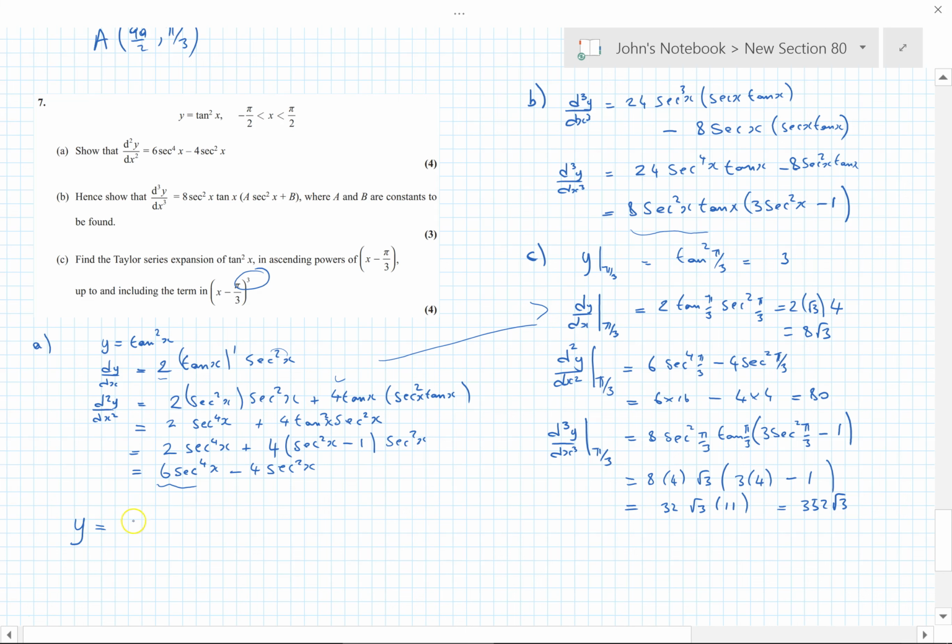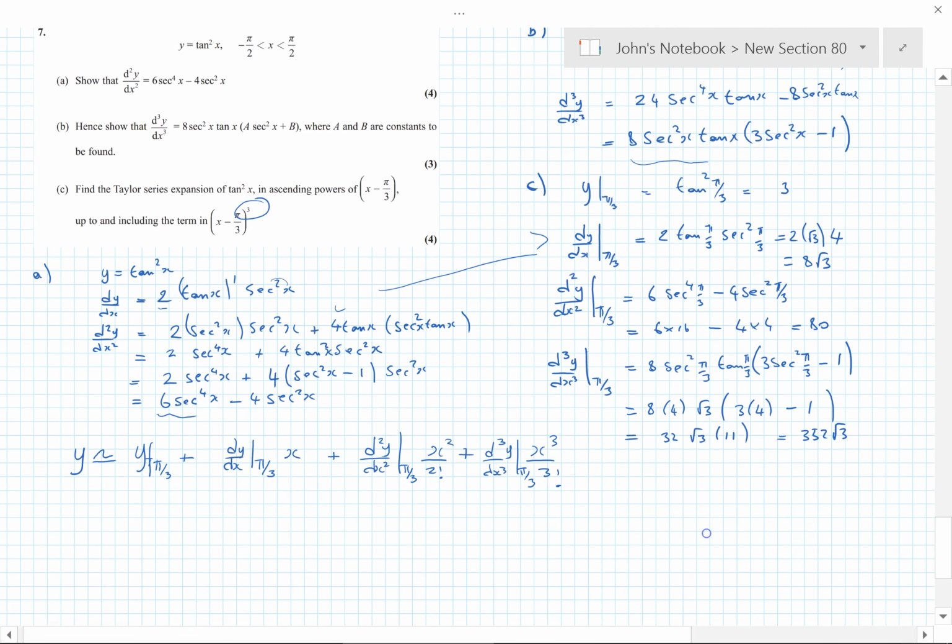Y is approximately equal to, obviously it's an infinite series, y at pi by 3, plus dy by dx at pi by 3 times x, plus d2y by dx squared at pi by 3 x squared over 2 factorial, plus d3y by dx cubed at pi by 3 x cubed over 3 factorial.